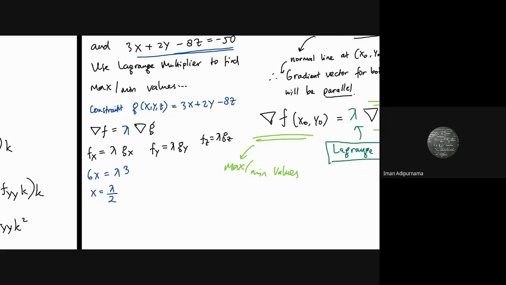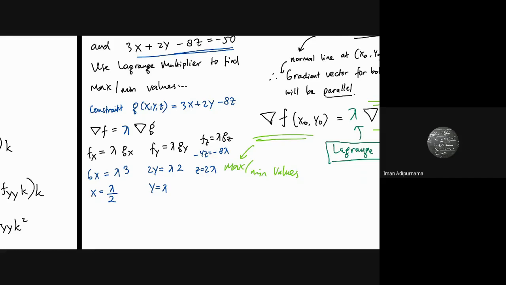And partial y is 2y, and lambda is 2. So y is lambda. And for z, negative 8 lambda, right? And z will be 2 lambda.